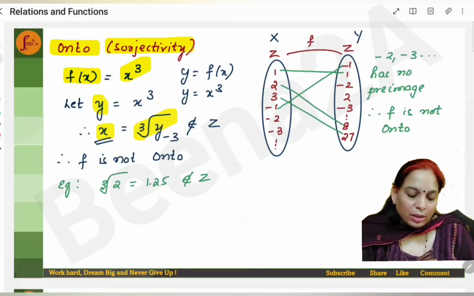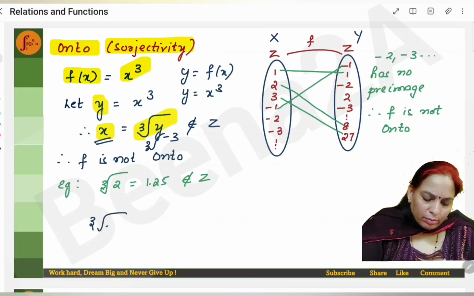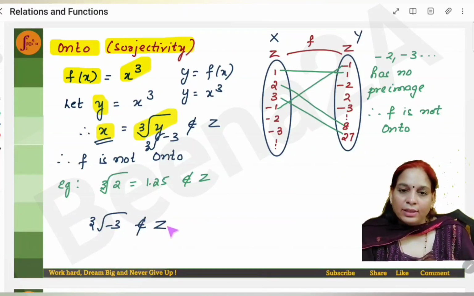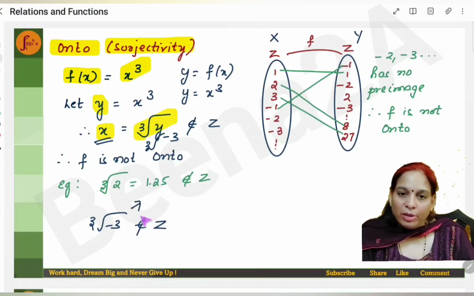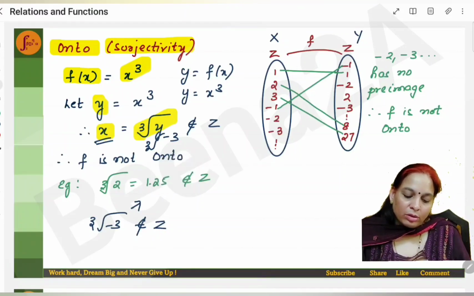If I take minus 3, cube root of minus 3 does not belong to integers. Because cube root of minus 3 does not exist in integers. It's going to be some irrational number, right? It does not belong to integers. Therefore, you say this function is not onto.